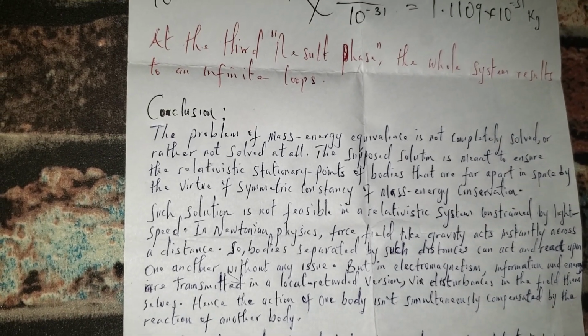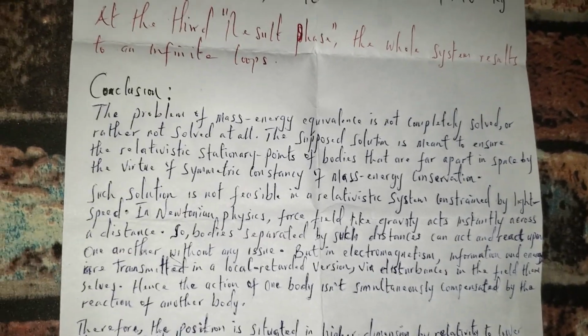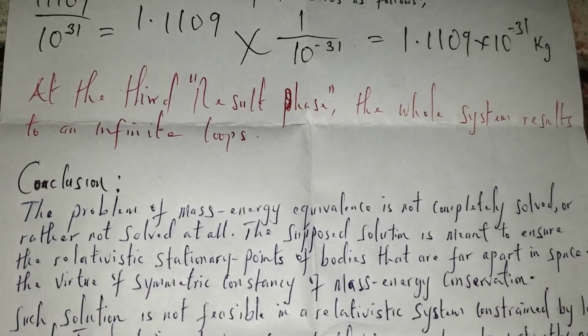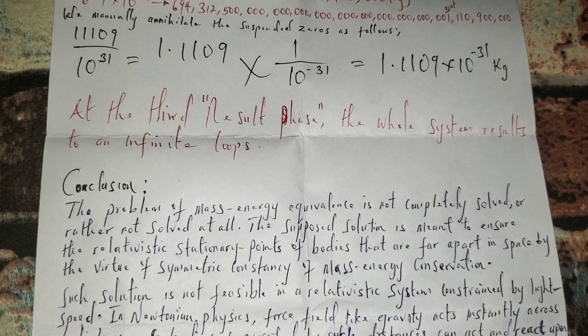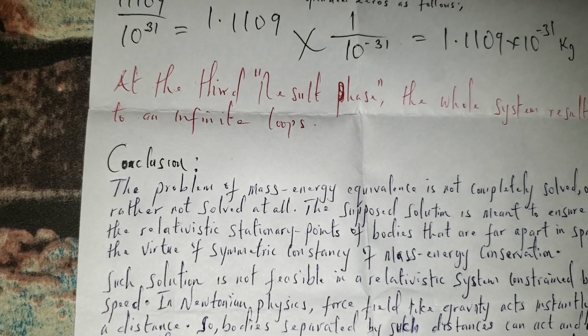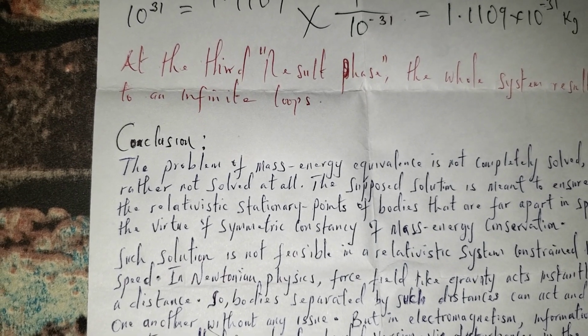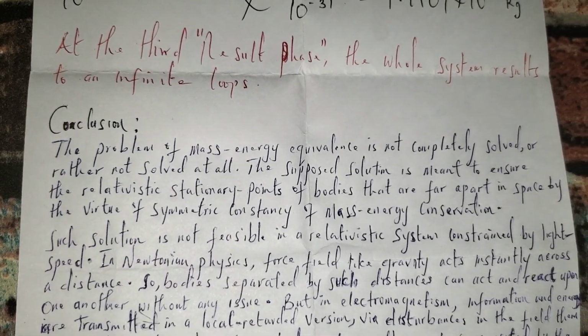So the problem of mass energy equivalence is not completely solved, or rather not solved at all. The supposed solution is meant to ensure the relativistic stationary point of bodies that are far apart in space by the virtue of symmetric constancy of mass energy conservation. Such solution is not visible in a relativistic system constrained by light speed.